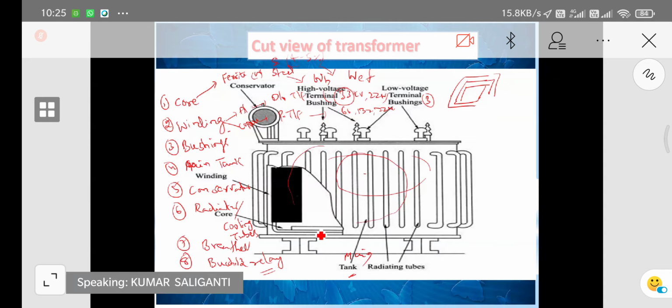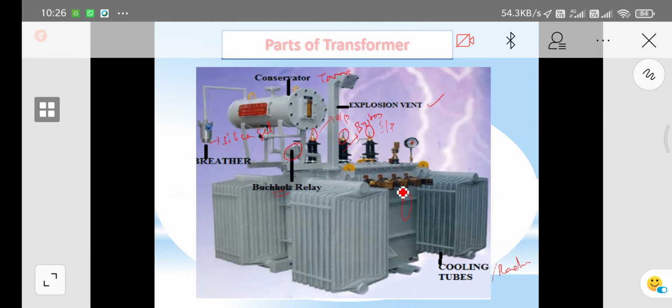The heated oil goes into the tubes. So these are the cooling tubes, and these are all radiators.